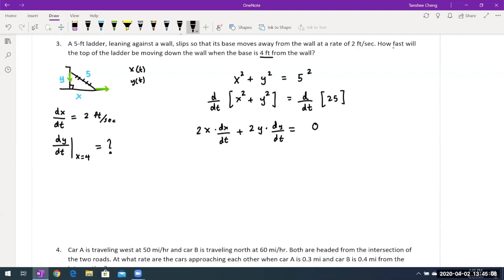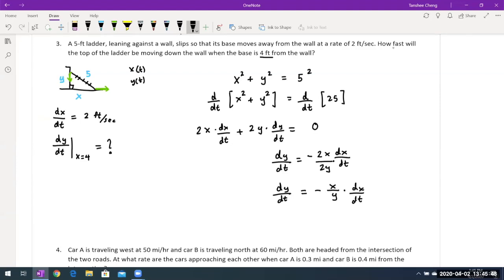So if I solve for this, first I subtract 2x dx/dt from both sides, and then divide by 2y on both sides, and this is what I get. When you simplify a little bit, dy/dt is equal to negative x over y times dx/dt.